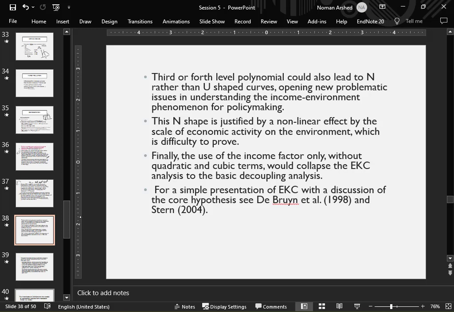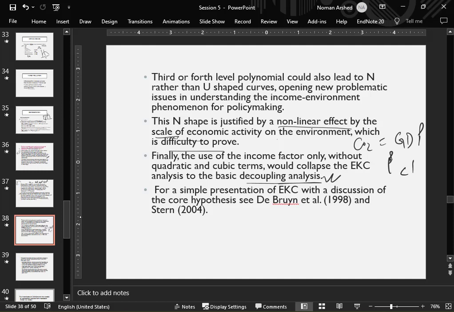Thus, this N shape is justified as a nonlinear effect by the scale of the economic activity, and it is difficult to prove. Finally, the use of income factors only, without quadratic or cubic terms, meaning without any higher power, would collapse the EKC analysis to a basic decoupling analysis. It means you have CO2 as the dependent and GDP only as the independent. So if beta is less than 1, it will show that there is a decoupling.